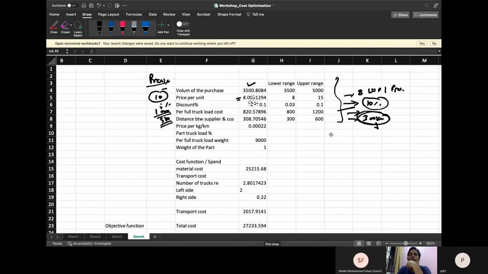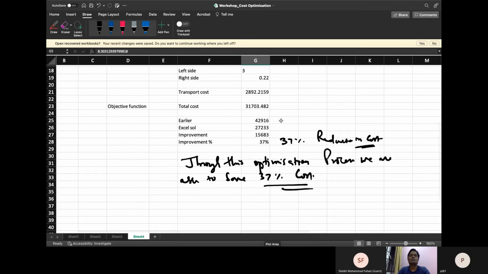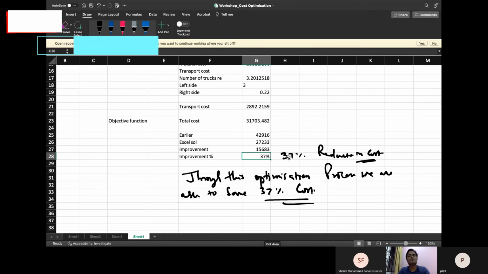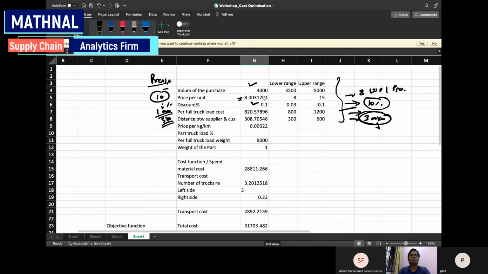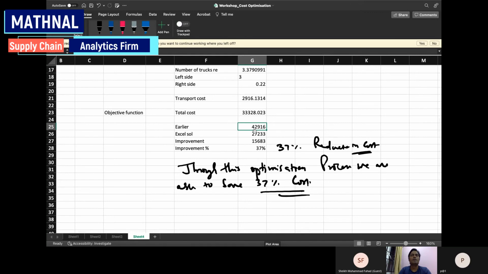This may not be achievable. Right? Suppose I say I cannot reduce my quantity. Let's put 4,000. So what is the reduction now? 31,730. Still my improvement percent is 37%. Let's say my discount cannot be increased to 10%. I'll put 0.05. I have written manually here, sorry, so I have to change this.